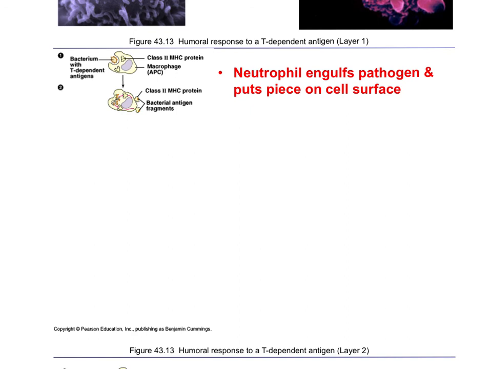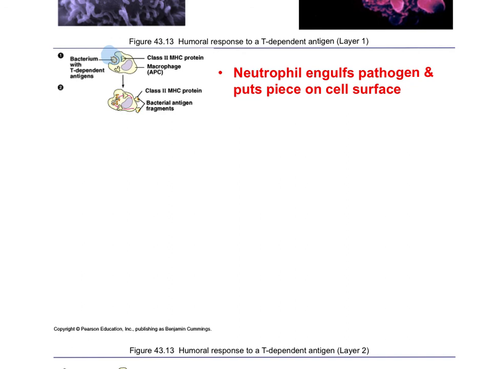First up, we've got a foreign pathogen. That foreign pathogen in this picture is shaped like a sun. It's a bacteria cell. That bacteria cell is in the body. It's warm, it's cozy, lots of food, gonna start replicating. The neutrophils are cruising along 24 hours a day.